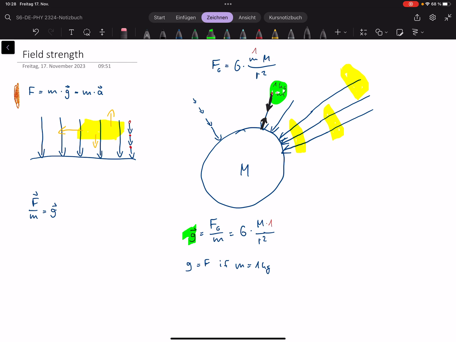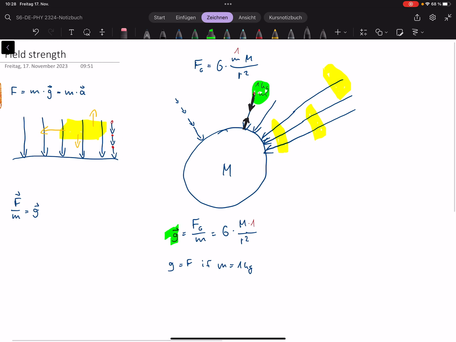But if we stay with our very simple model, that both forces are the same, then mass of the Earth times acceleration of the Earth is equal to this 1 kilogram times this acceleration here.